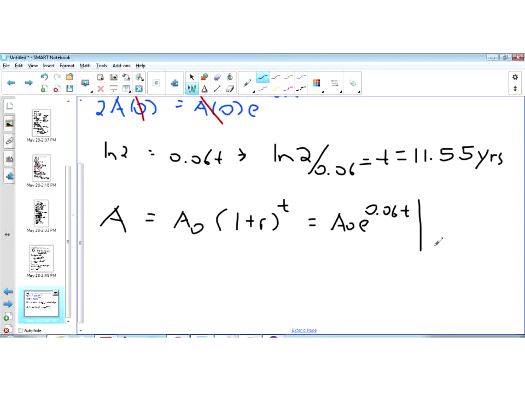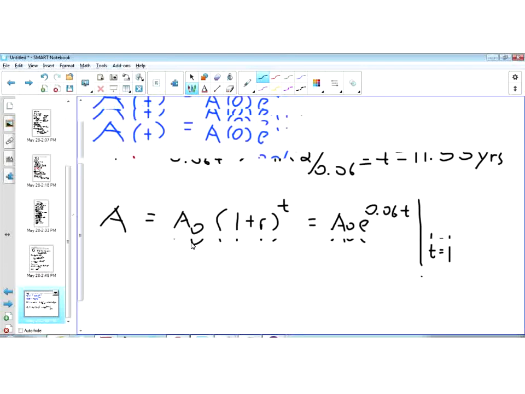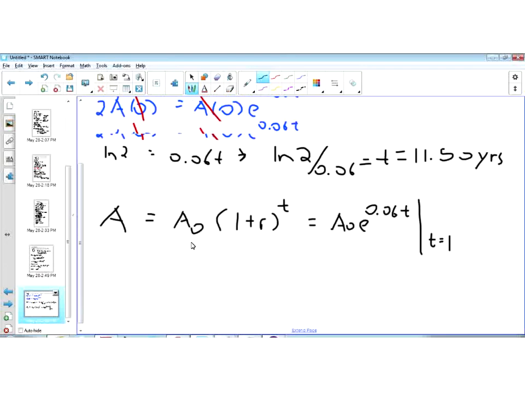So, and these are evaluated at t equals 1 for 1 year, right? So, use the compounding interest rate formula for 1 compounding period. So n is equal to 1, okay, and set that equal to your continuously compounded interest rate. So you can find your effective annual interest rate, or the equivalent annual interest rate.